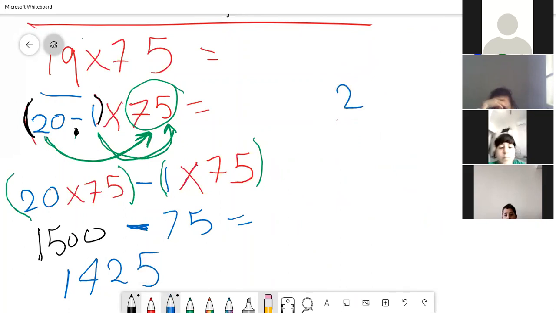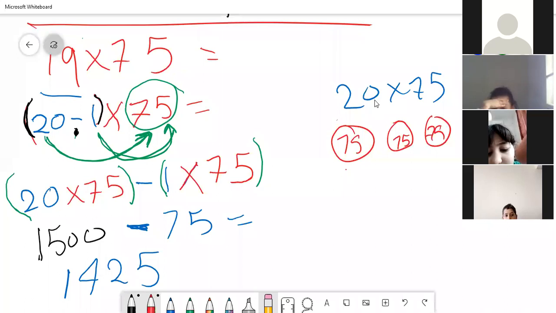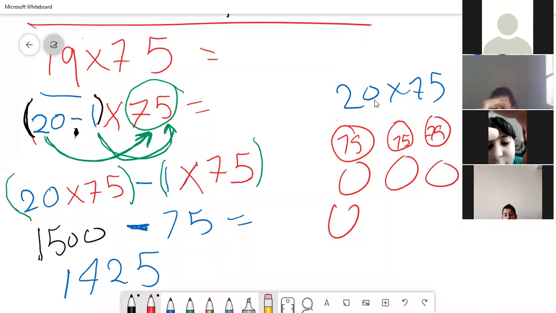20 times 75. How many groups of 75s? 20 groups, right? Imagine we have 20 here.